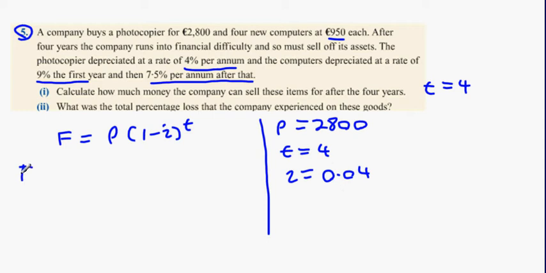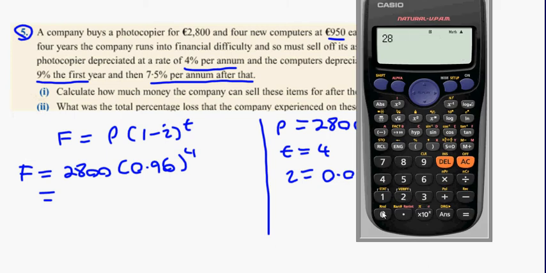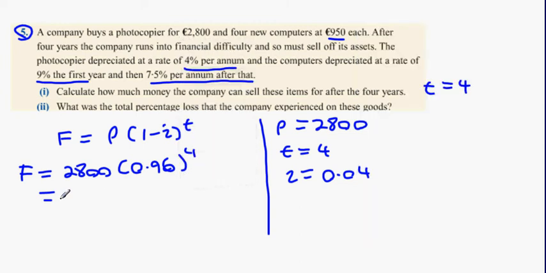So F is going to be 2,800 times 0.96 to the power of 4, and what we get is 2,378.17.